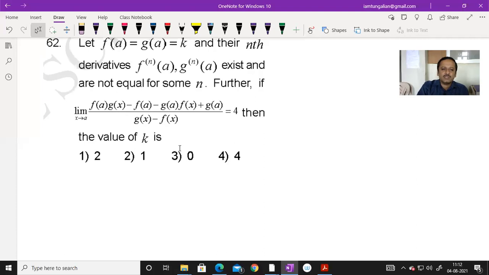Tan pi by 4 is 1. Minus 2 divided by 1 plus tan pi by 4, which is 1. So the answer is e to the power minus 1, or 1 by e.